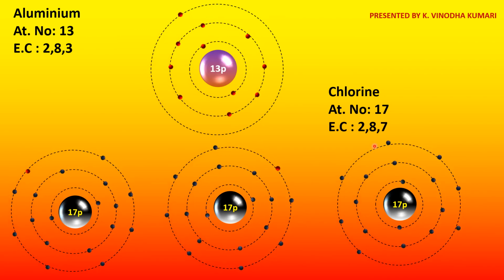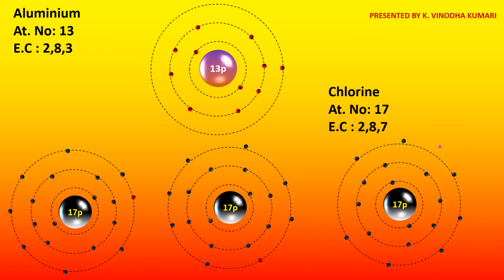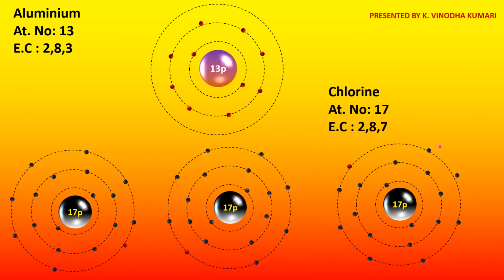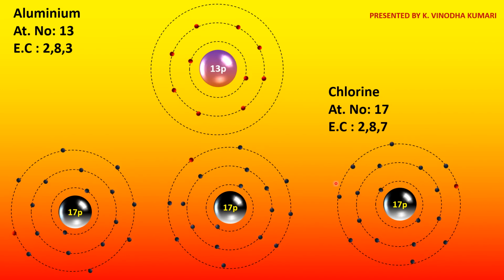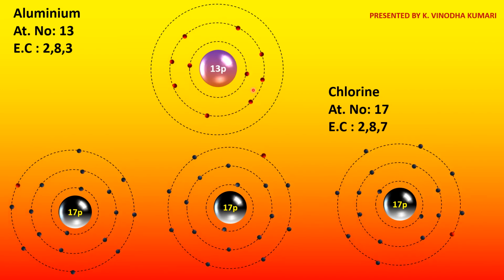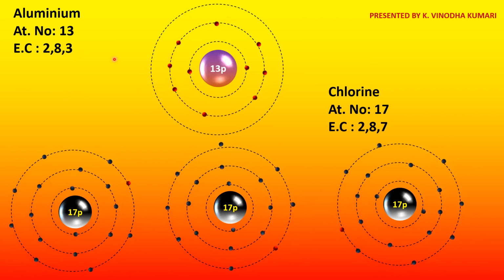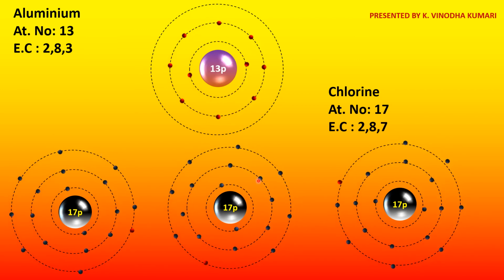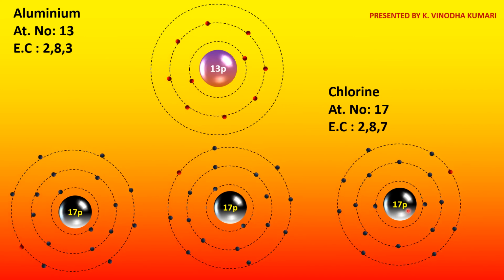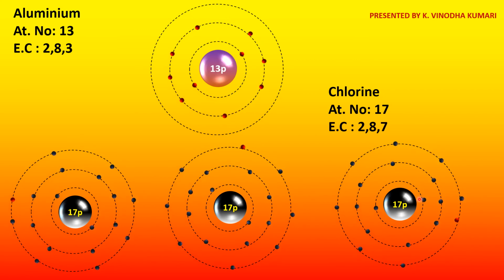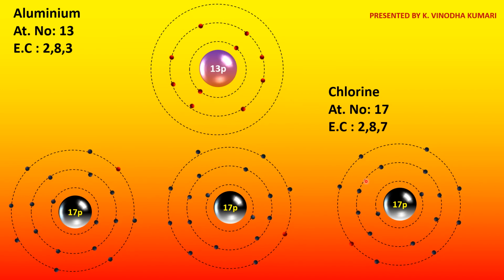So aluminium will donate its 1 electron to the chlorine. Okay. So it gains 1 electron, and again the chlorine has got 2, 8, 8. So 3 electrons are transferred, 1 electron each, to 3 chlorines. Here 1 electron, here 1 electron, and for this 1 electron. So transfer of 3 electrons from aluminium to 3 chlorines takes place.